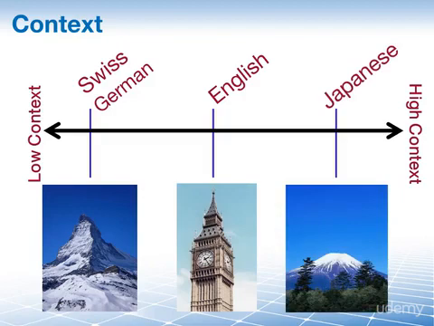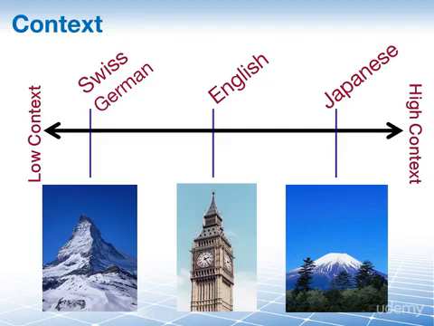And then at the very far right, very high context, we always use Japanese as an example here. Japanese has a very high context. We talk in a more roundabout way here.